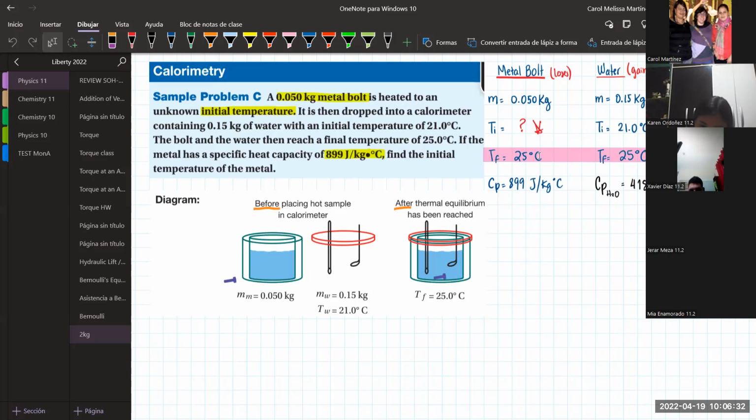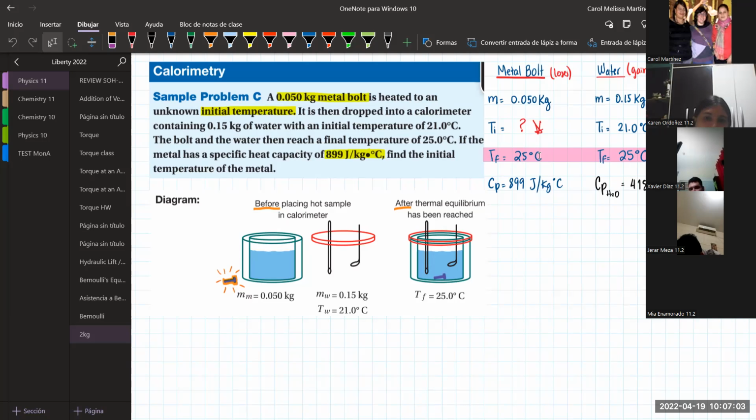Before, what do we have? We have the two substances apart. They're not together yet. But what do I know about the metal bolt? I know that it was heated. So I picture in my head the metal bolt, really hot.